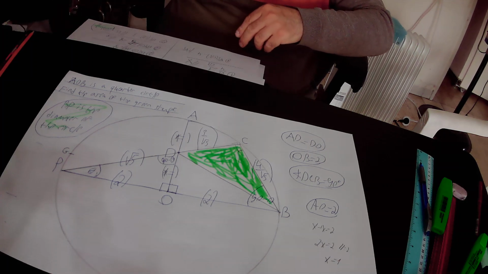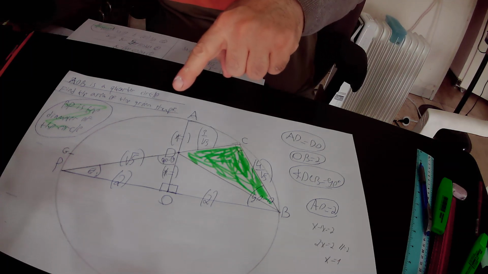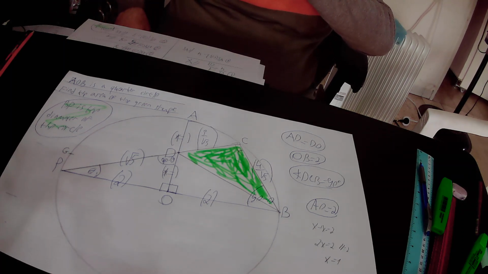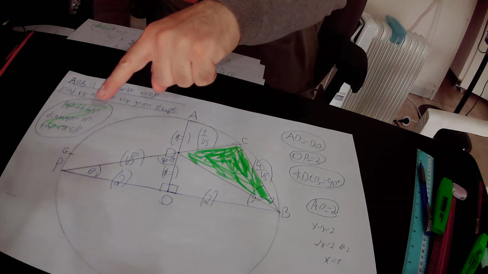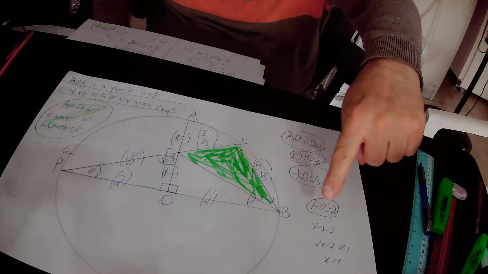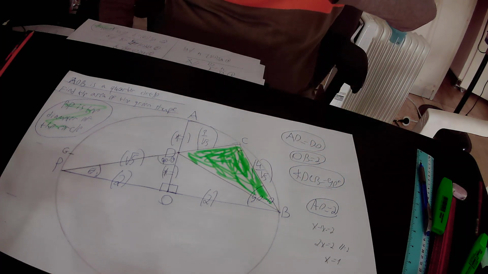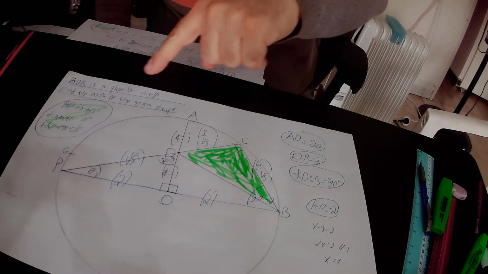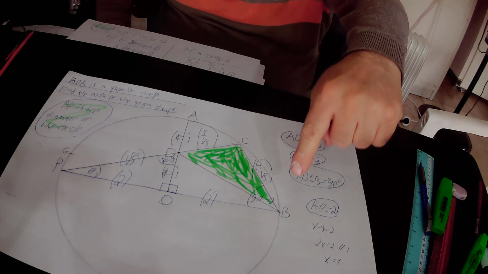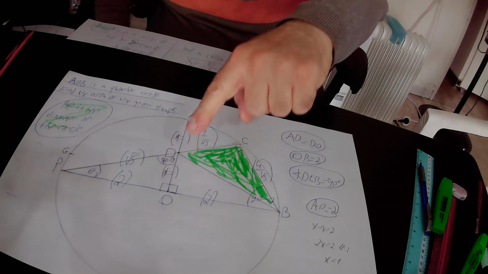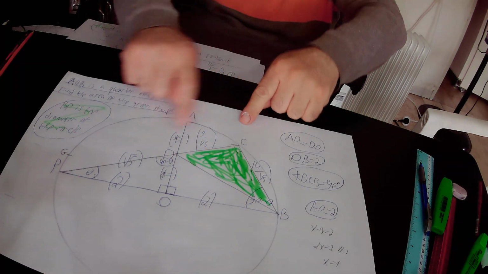From the fact that the big triangle PCB is similar to the small triangle PDO, we derive the following relationship between their sides. Side DP in the small triangle over side PB in the big triangle equals side DO in the small triangle over side CB in the big triangle, and it also equals side PO in the small triangle over side PC in the big triangle.